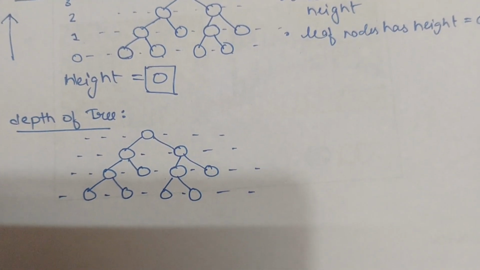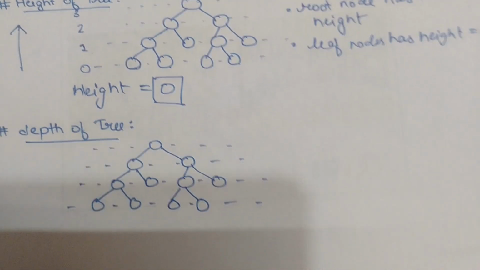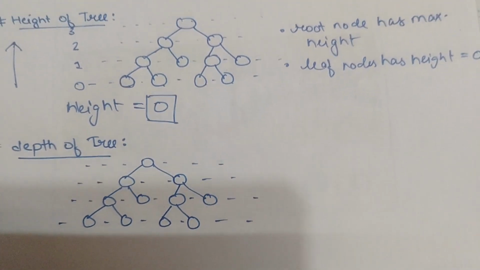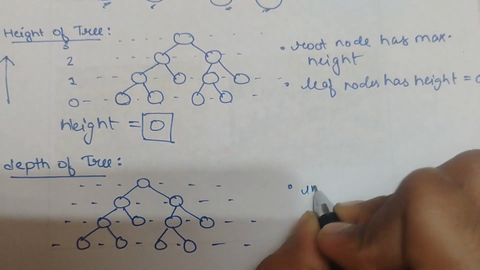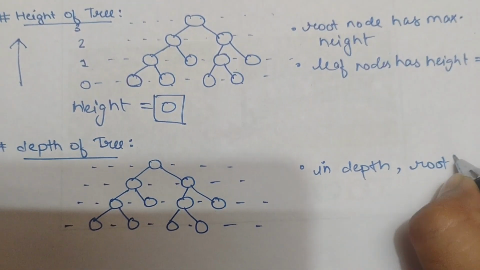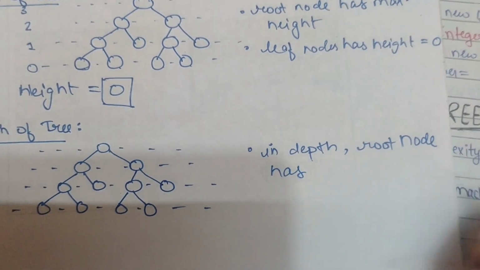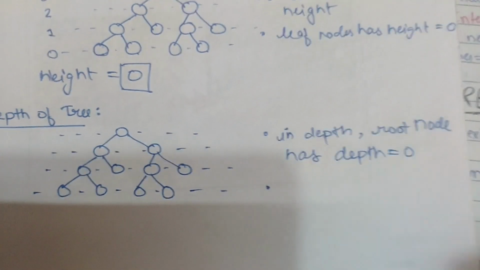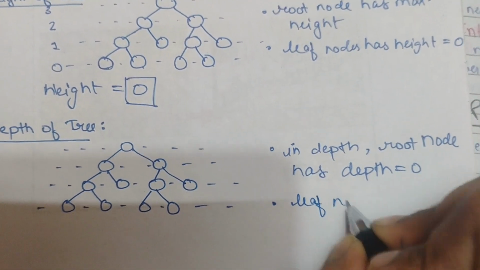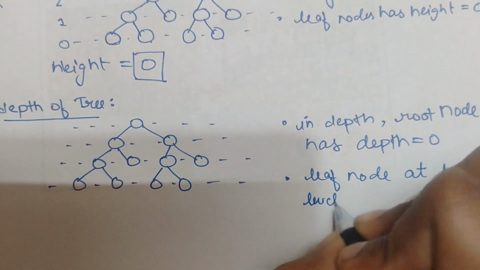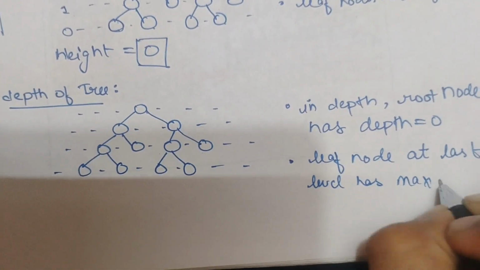Similarly as I told these two properties for height, for the depth of tree the root node has depth equal to 0, and the leaf node at last level has maximum depth.